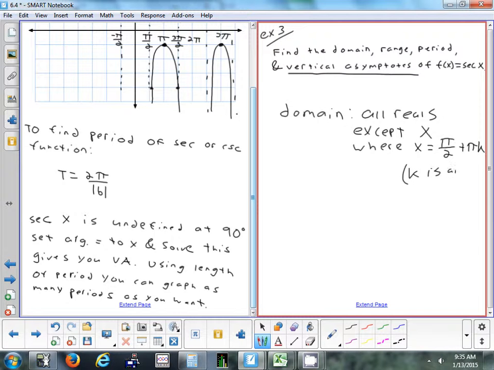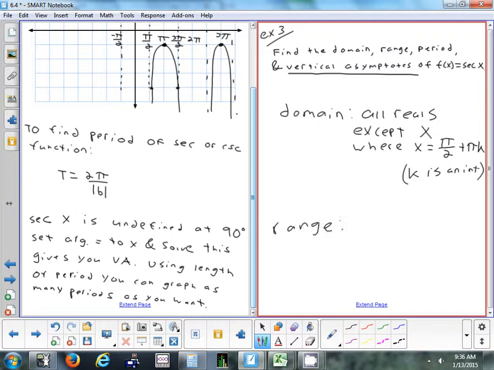K is an integer. So it's every real number except this vertical asymptote plus every other vertical asymptote that comes after it. And the asymptotes keep reoccurring. I'm just looking at my picture. They keep reoccurring every pi units. Okay, so that's our domain.